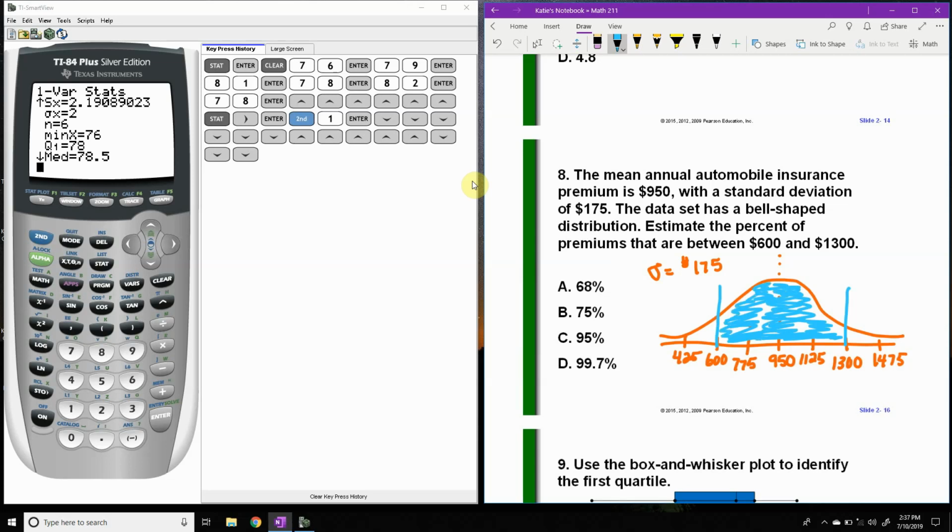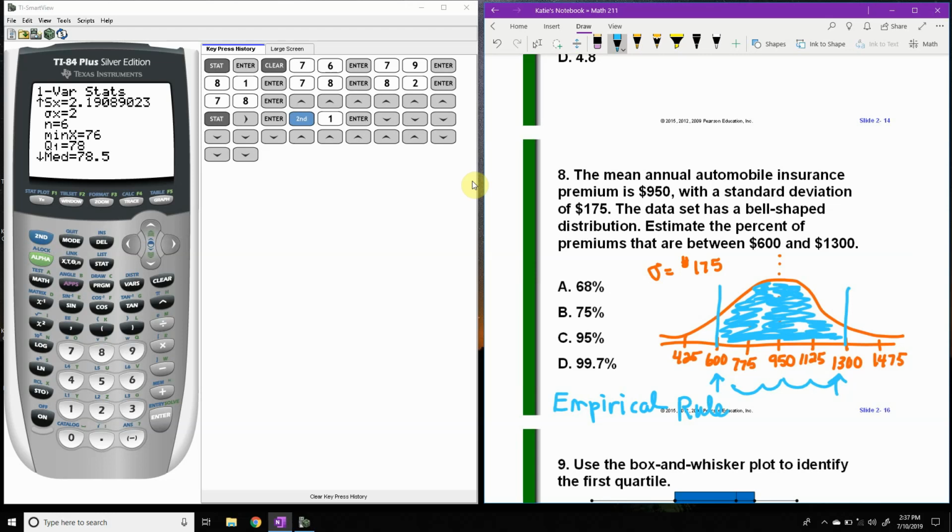Well, it just so happens that $600 premiums and $1,300 premiums are exactly 2 standard deviations below and 2 standard deviations above the mean. Those are falling within the range of my empirical rule, which says the following.